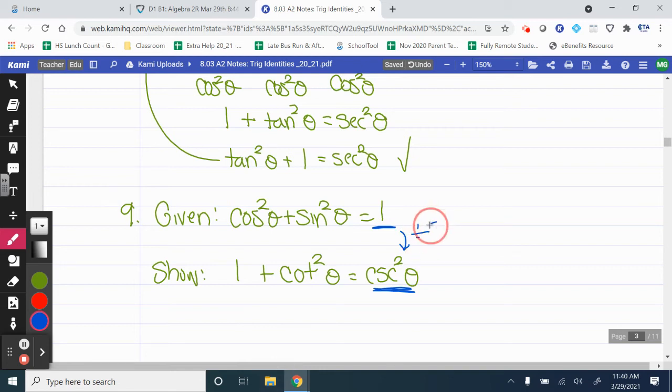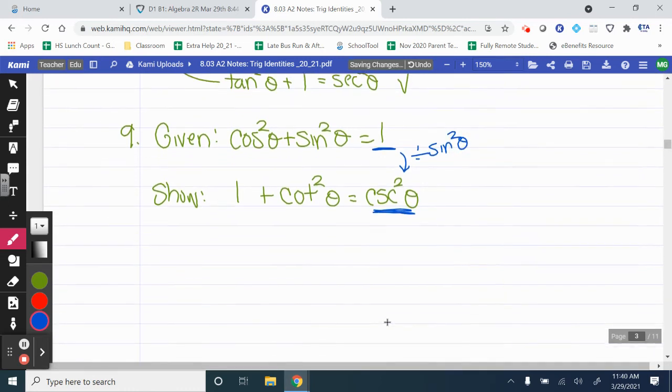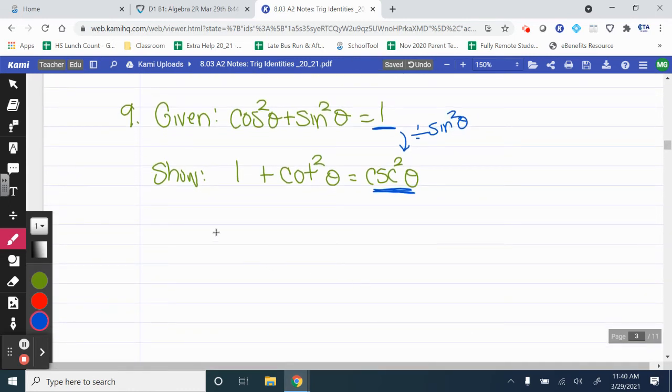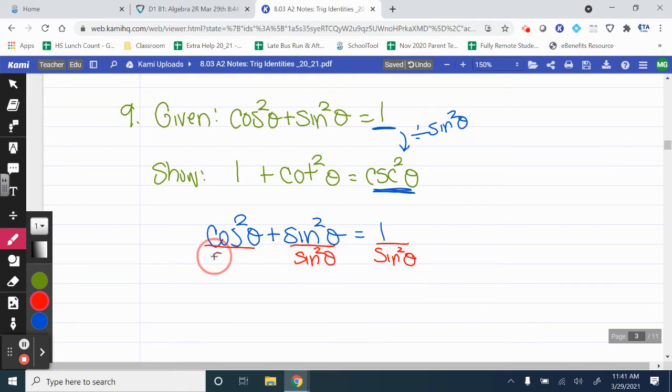All right, so hopefully you said you were going to divide by sine squared here. So now if I divide the last one by sine squared, I have to divide them all by sine squared. So I start with my given, because I know that's already true. And I'm going to divide every single one of these by sine squared. And we'll reduce. So cosine over sine is cotangent.